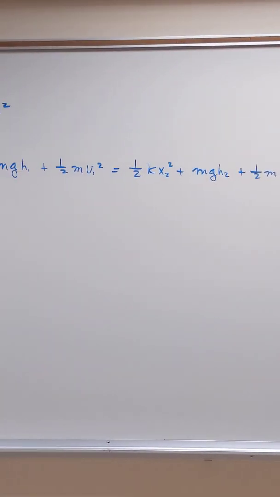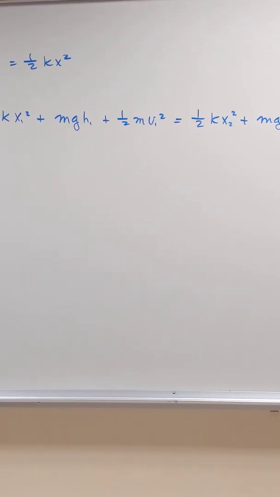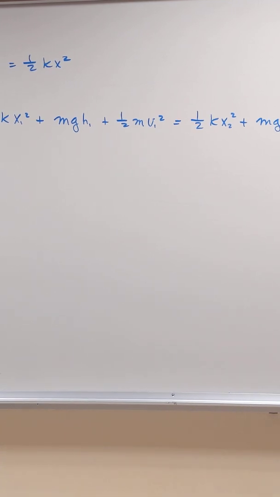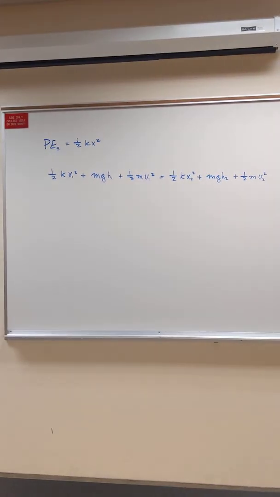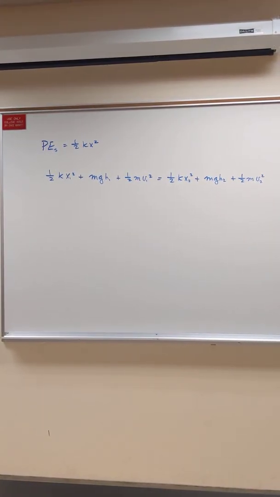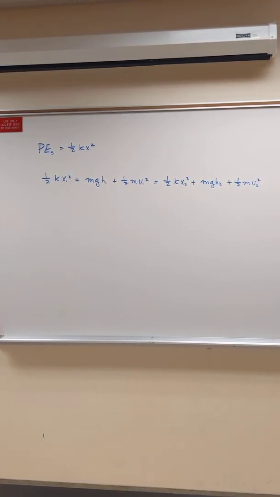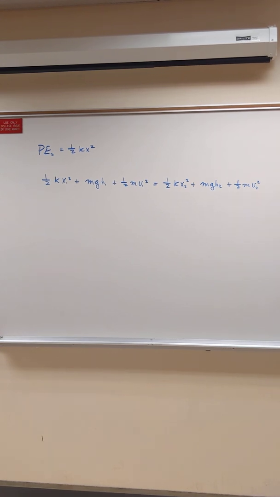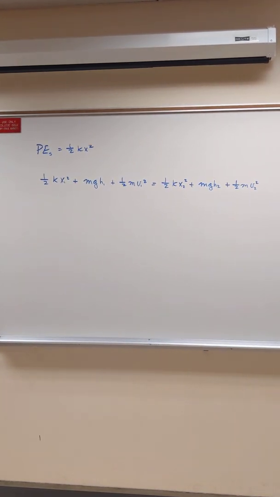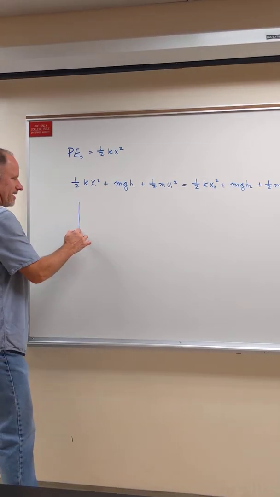This is a complete expression of total mechanical energy to include two kinds of potential energy and one kind of kinetic energy. Well, there's only one kind of kinetic energy.